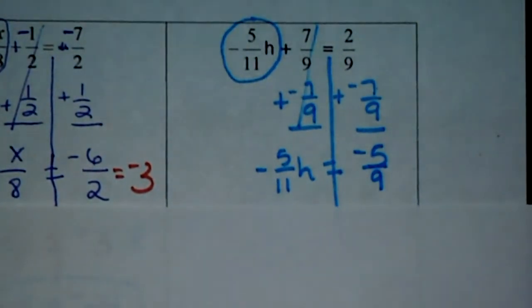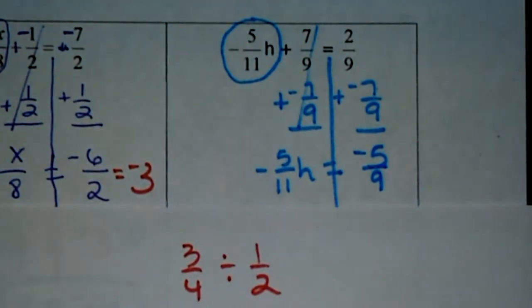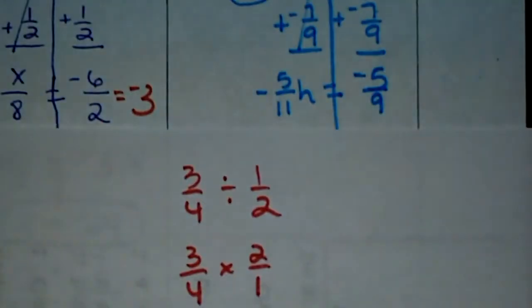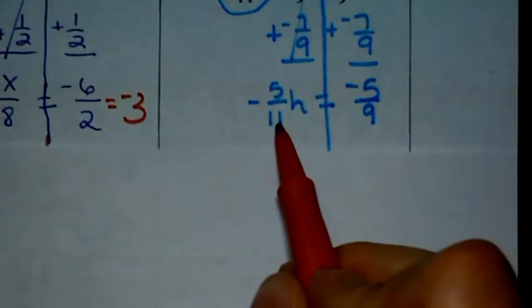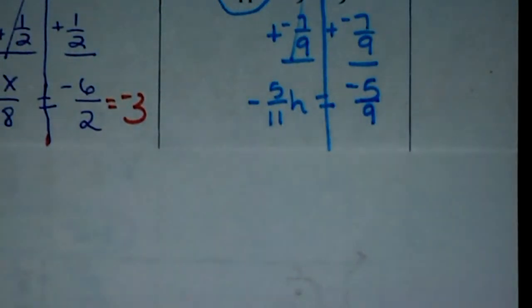I know you don't need to write down what I'm writing, but if I gave you, let's say, 3/4 divided by 1/2, wouldn't you keep, switch, and flip that to solve it? That's how you solve division of fractions, right? So if we have negative 5/11 times h, and you're saying, well, Mrs. Trombley, why am I multiplying by the reciprocal?